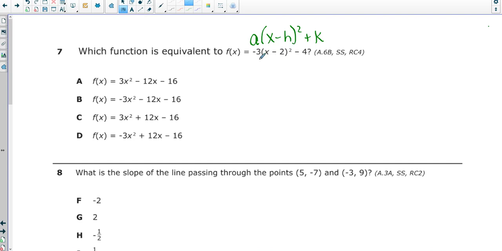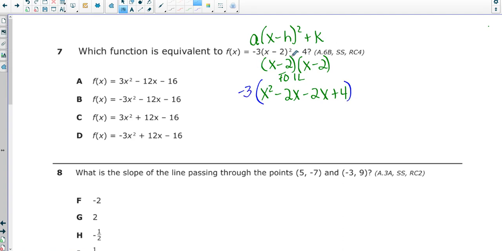First, you want to do exponents. So (x minus 2) to the second power means (x minus 2) times (x minus 2). If I do FOIL here, I'm going to end up with x squared minus 2x minus 2x plus 4. Then I'm going to bring down everything else: times -3 in the front, and then this minus 4.